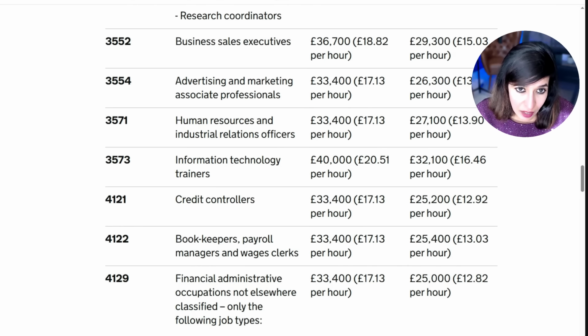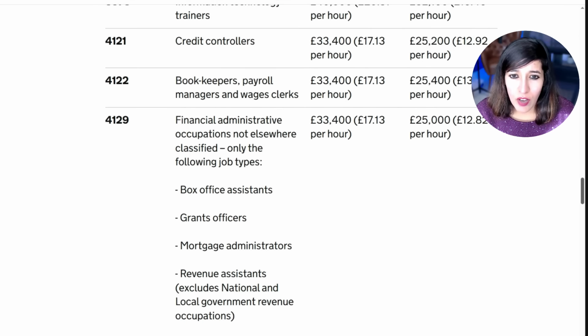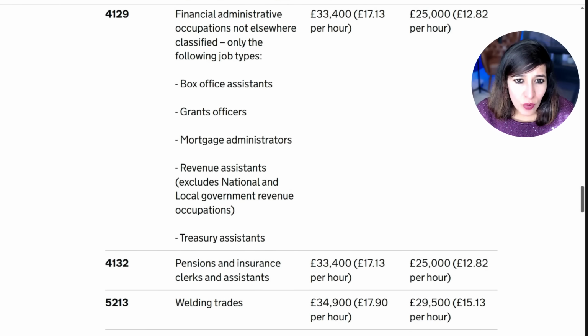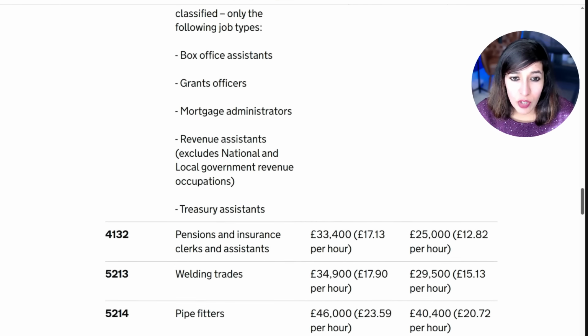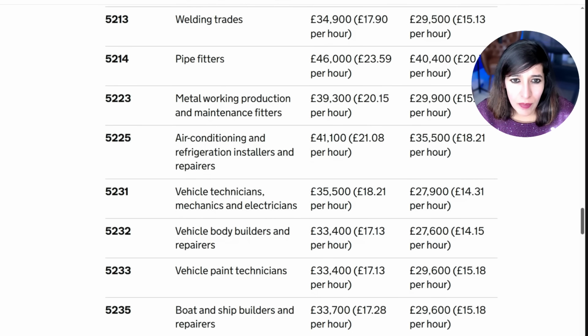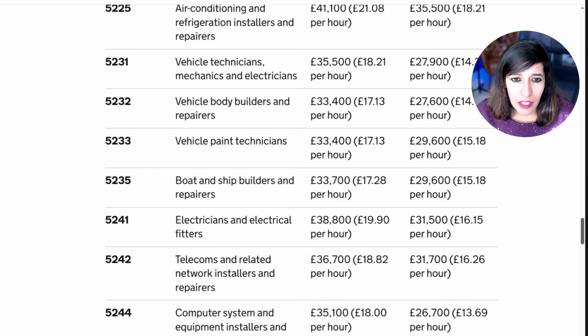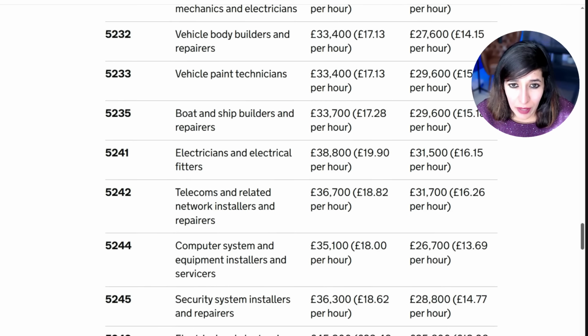Business sales executives, advertising and marketing associates, HR roles, information technology trainers, credit controllers, bookkeepers, financial administrative roles like grant officer, mortgage administrator, followed by pensions and insurance clerk, welding trades, pipe fitters, metalworking production, air conditioning, vehicle technicians, vehicle body builders, vehicle paint technicians.